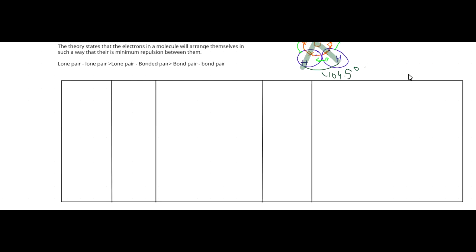All right, so our columns are like so. In column number 1, we have our number of lone pairs. In column number 2, we have number of bonded pairs.